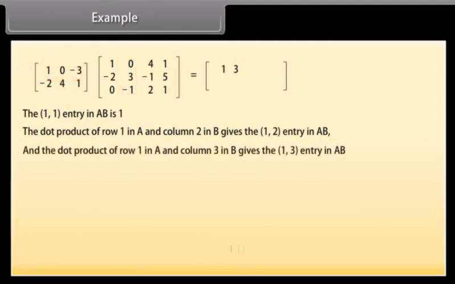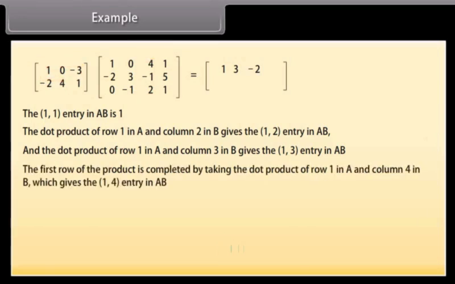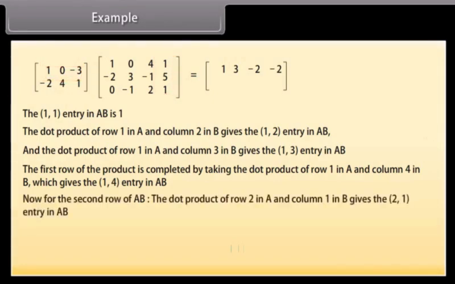And the dot product of row 1 in A and column 3 in B gives the 1, 3 entry in AB. The first row of the product is completed by taking the dot product of row 1 in A and column 4 in B, which gives the 1, 4 entry in AB. Now for the second row of AB, the dot product of row 2 in A and column 1 in B gives the 2, 1 entry in AB.